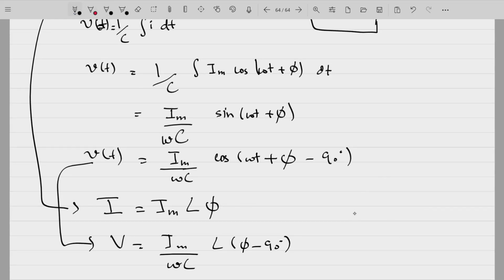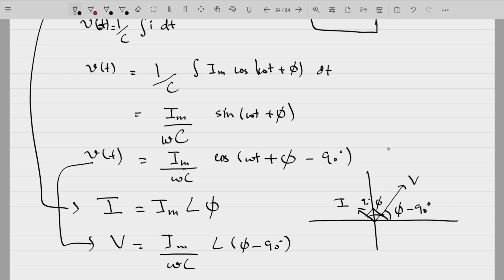From the phasor diagram, if this is our complex plane, this is our voltage V located at an angle of phi minus 90 degrees. That means our current I will be somewhere in this direction, located at an angle of phi, where V and I form an angle of 90 degrees with respect to each other.